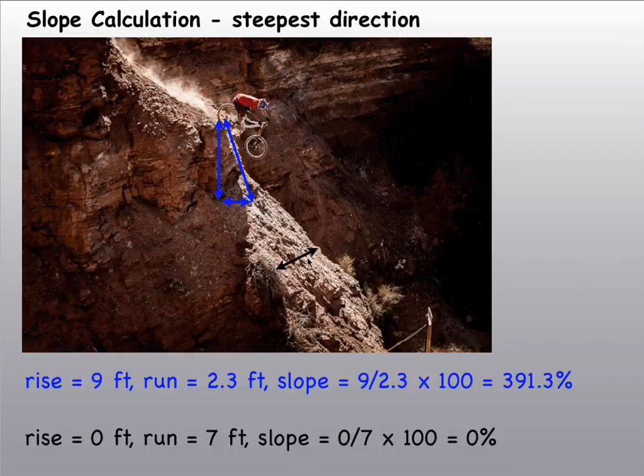But if I'm moving along a contour across a level here, I get 0 rise and a 7-foot run, so that's a 0% slope. So the idea is that we have to be careful of the direction in which we measure slope, and typically we report the slope in the steepest direction downhill. So the steepest downslope direction is the slope that you report. You don't want to measure at an angle other than the steepest direction.